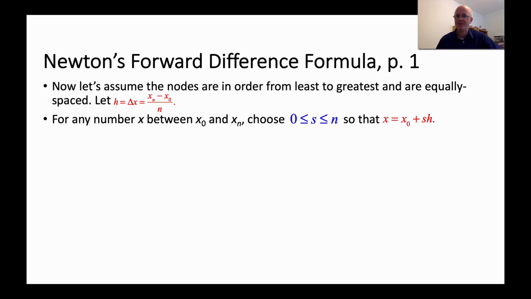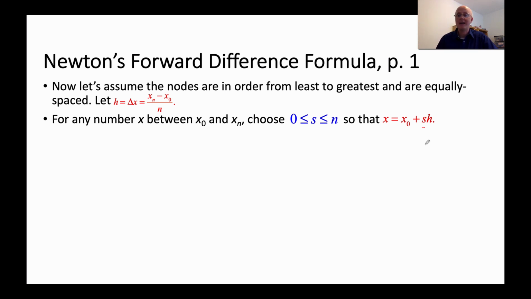S does not have to be a whole number, though this is easiest to think about when s is a whole number. When s is 0, in this formula, you get just x0. When s is 1, you get x0 plus h, which is x1, the next node. We're thinking of them as being in order here.